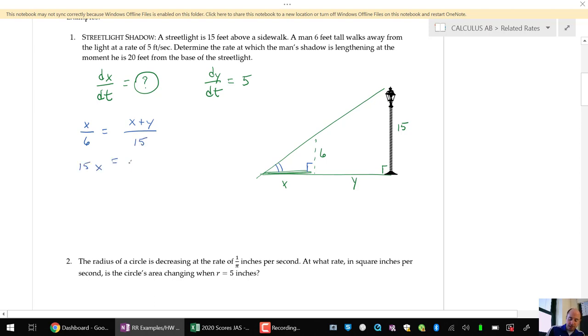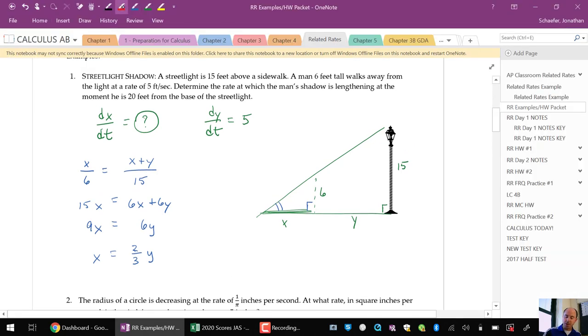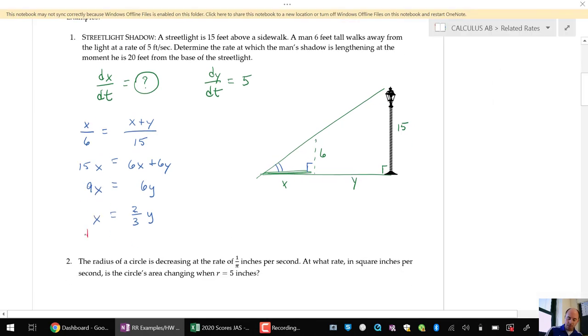15x equals 6x plus 6y. And if I combine like terms and work out some algebra here, I'll end up with x equal to 2/3 times y. So there's an equation that relates x and y. Now take the derivative of the entire equation. Well, that'll be dx/dt equals 2/3 times dy/dt.